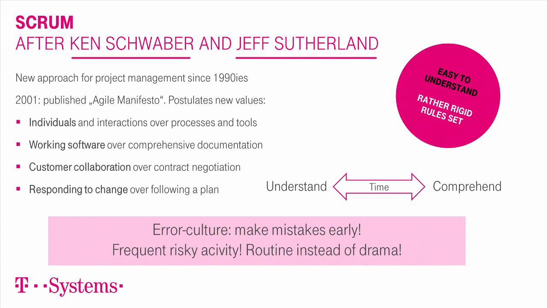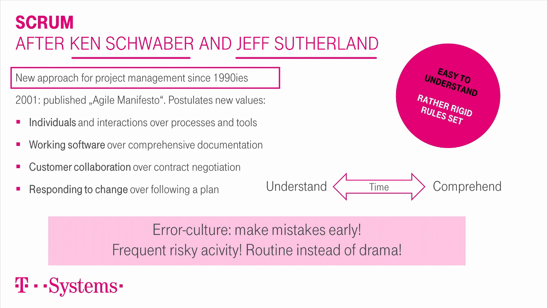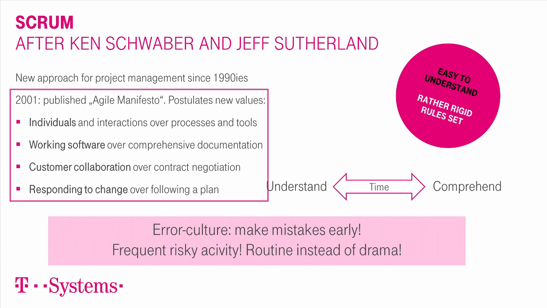Ken Schwaber and Jeff Sutherland had some experience with project management since the 1990s. And in 2001, they published the so-called Agile Manifesto, which postulates a couple of new values you may have heard about.